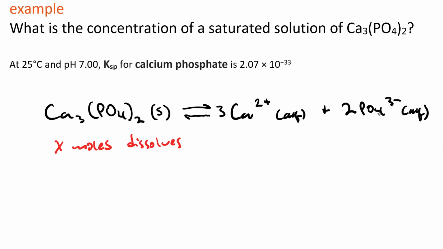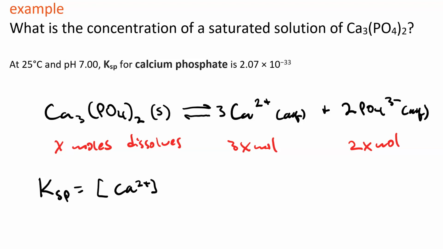Then you get 3x moles of Ca2+, and you get 2x moles of PO4 3-. We then write the equilibrium expression.